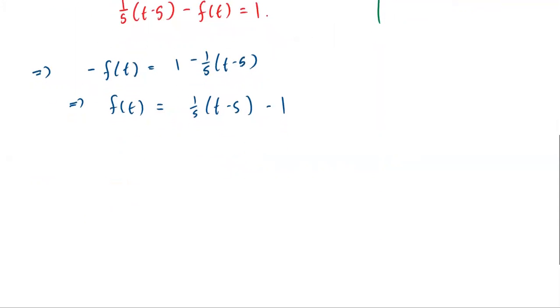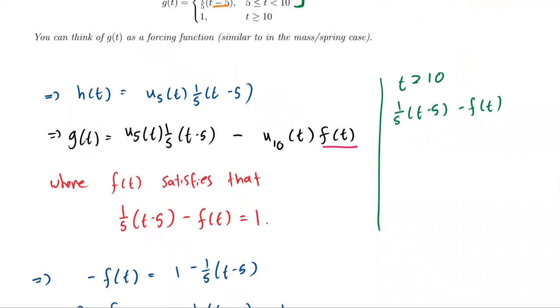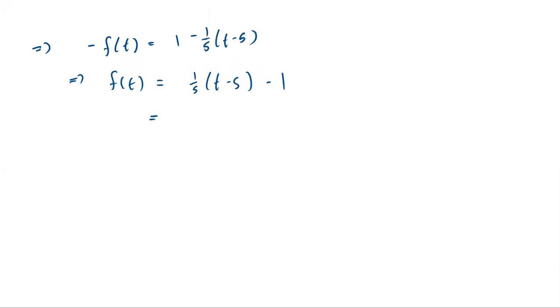Now, I'm going to simplify this a little bit. Because remember, we want a function f of t that looks like, let me make a note of this before I simplify so you understand why. We want f of t to look like a function shifted 10 units to the right.